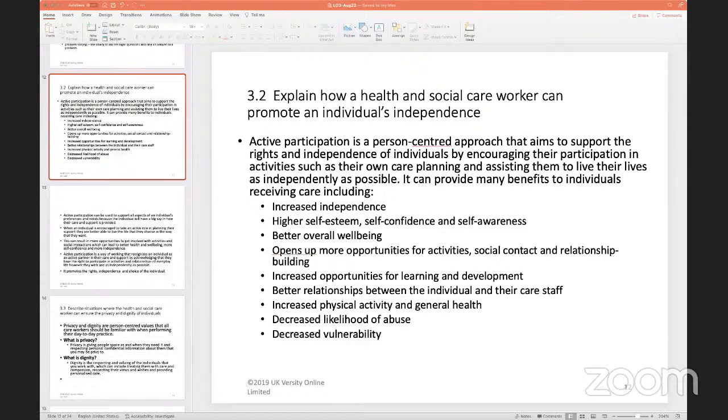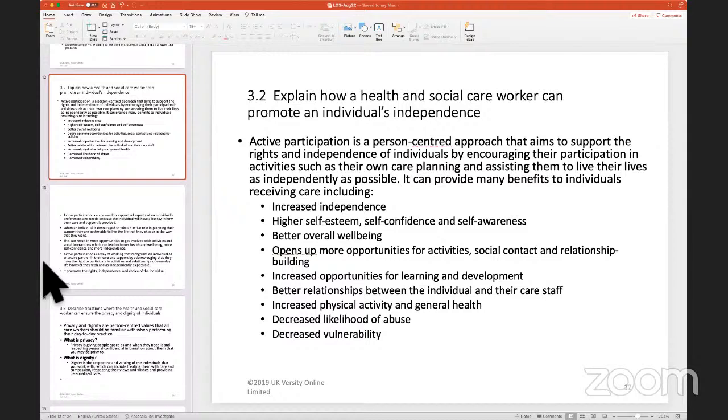So here independence could also mean you're looking at the preferences, wishes and needs of the individual, and that allows the worker to develop a relationship with the person receiving the care, and in some cases leads to increased activity, both from a point of view of receiving not just the care but receiving it in a way wherein it allows them to move away from the reason why they are receiving the care.